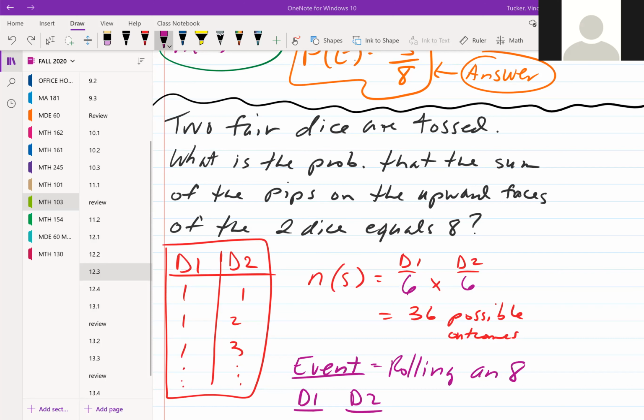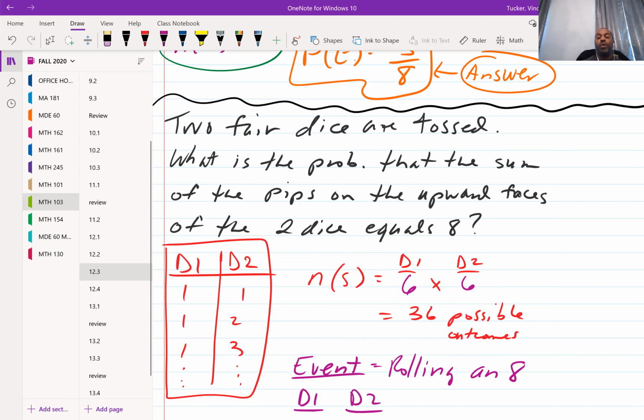All right. So the way we establish the number of possible outcomes for our two dice is that we have the number of faces, which is 6 in each case, and we use our fundamental counting principle and we multiply those two together, which will give us 36 possible outcomes. So that will always be the case for us.